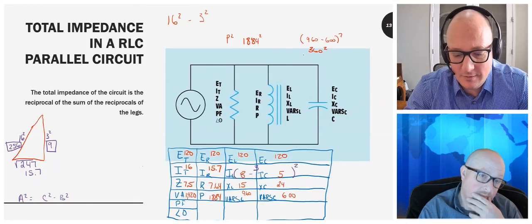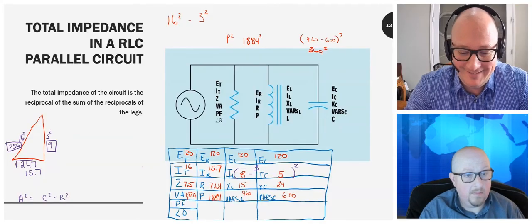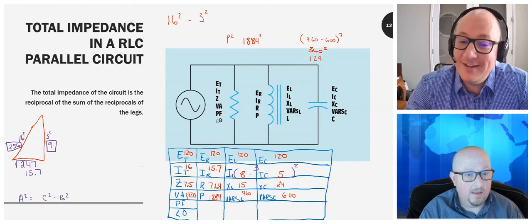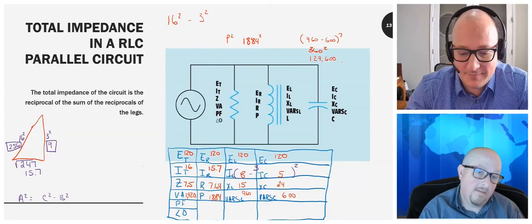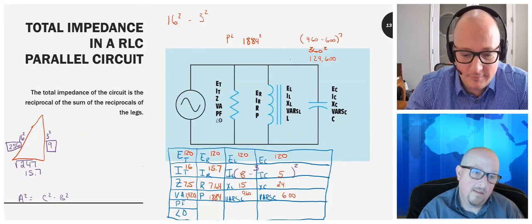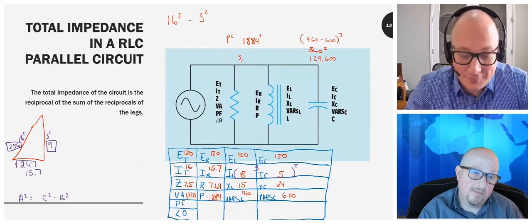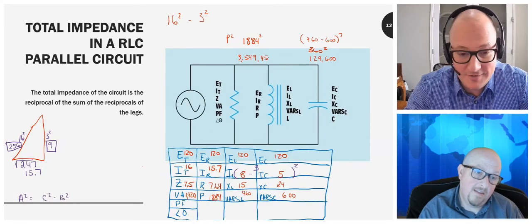360 squared is 129,600. And the power squared is 3,549,456.